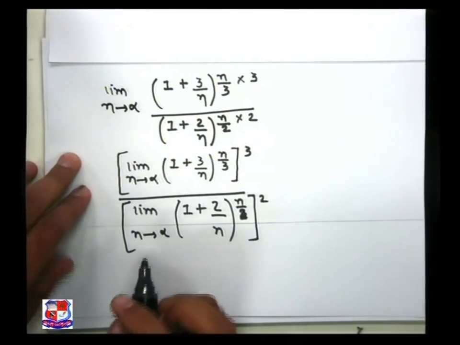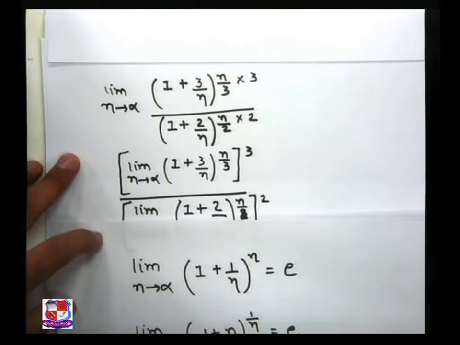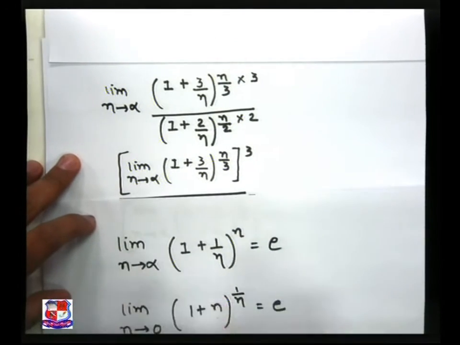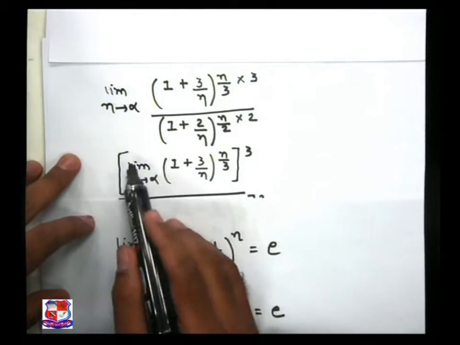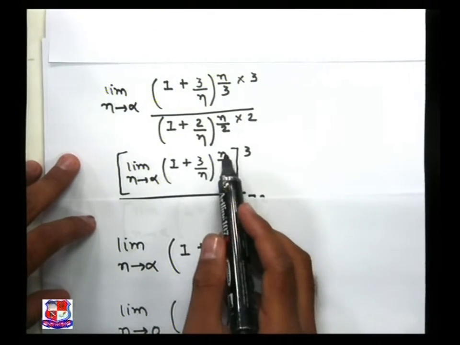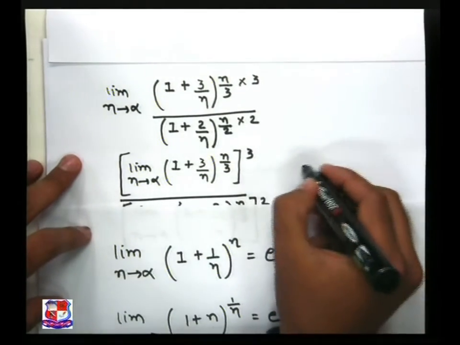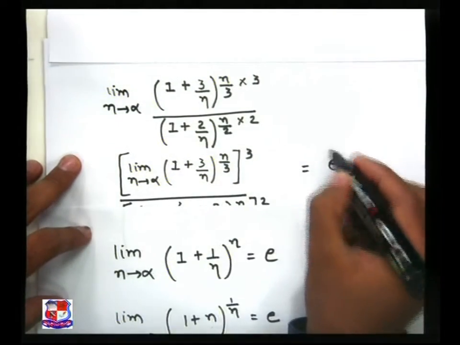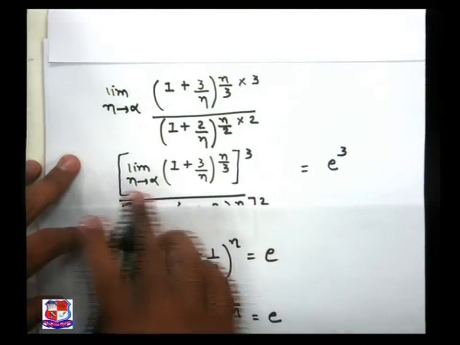Now just use our base formula: limit n tends to infinity, (1 plus 1 upon n) raised to n, that we call e. So here, limit n tends to infinity, (1 plus 3 by n) raised to n by 3, that we call e. The remaining power is only 3, so e raised to 3. Apply the limit.